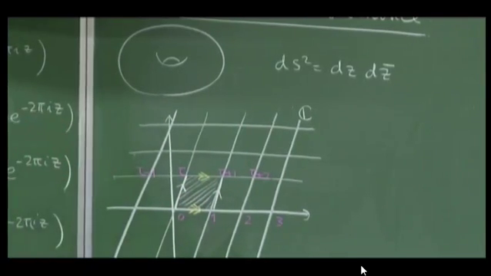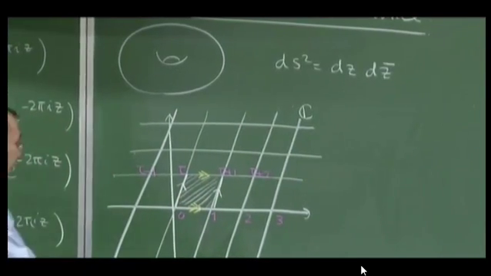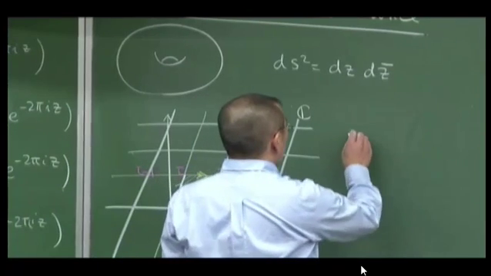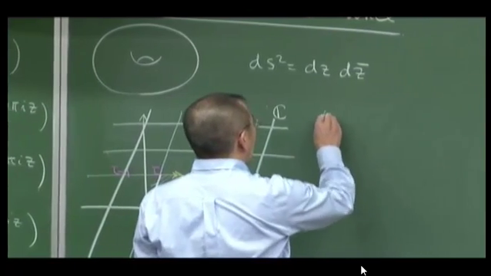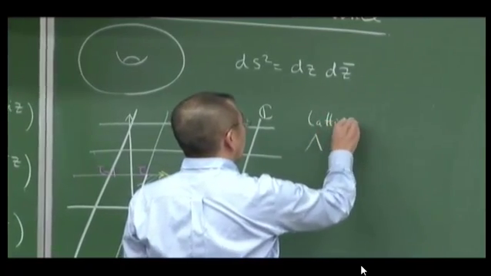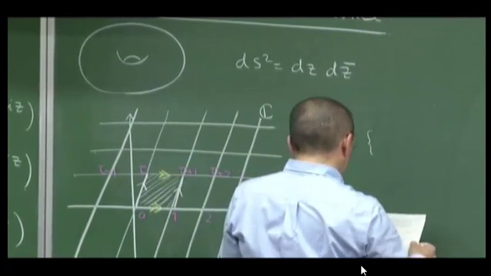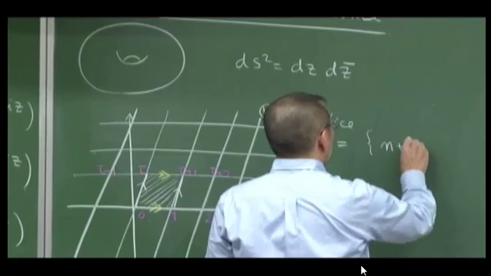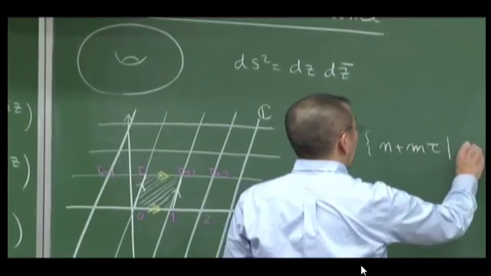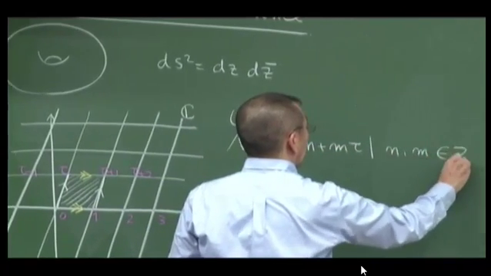But there is yet another way to think about that, which is first we consider the lattice defined by the following: n plus m tau, where n and m are integers.